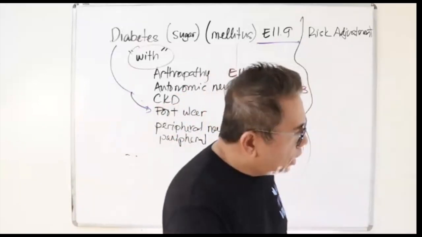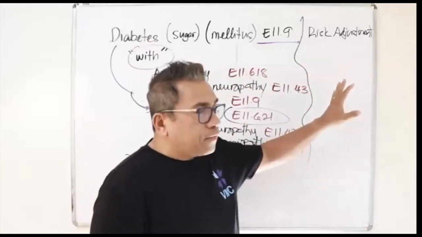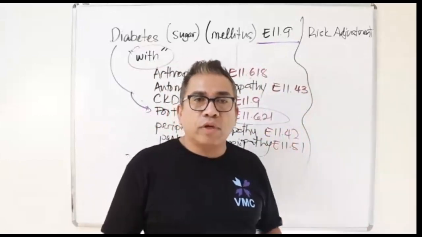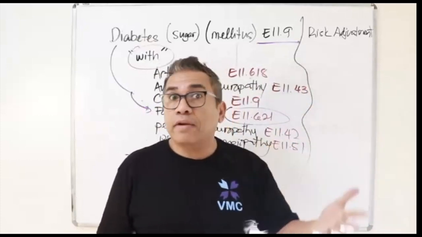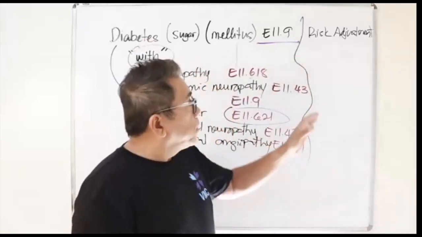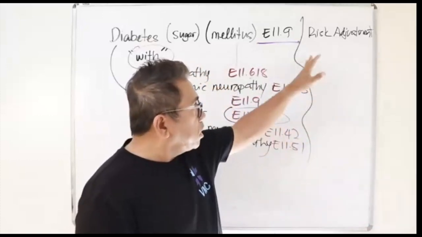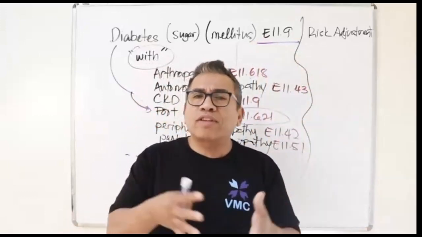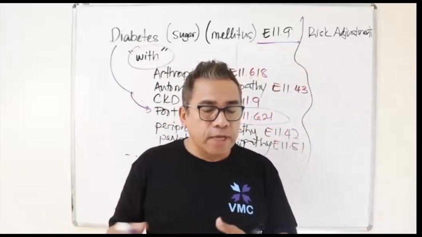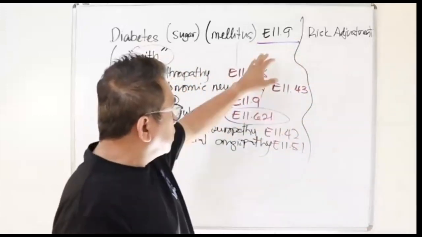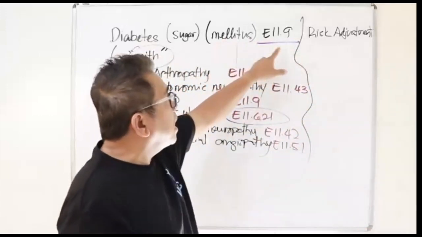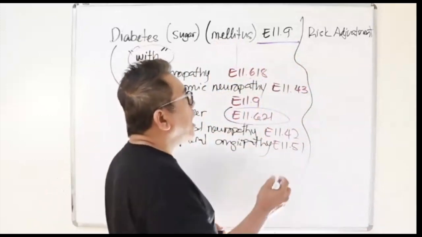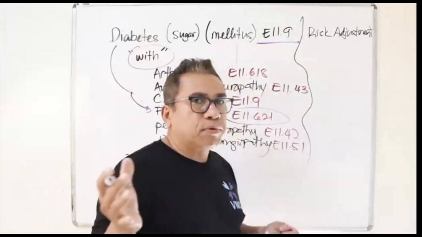Now, if you're the coder and you are part of that reimbursement system, we call it risk adjustment or Medicare Advantage. Imagine each condition here has what we call a risk adjustment score. Let's take, for instance, plain diabetes without using the combination code. I'll give you a hypothetical score.